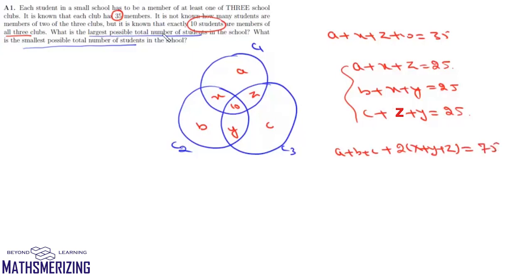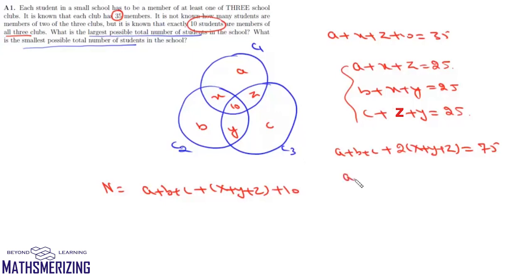Now we need to find the total number of students in the school. The total number of students is A plus B plus C plus X plus Y plus Z plus 10. We need the largest and smallest possible values of this expression.